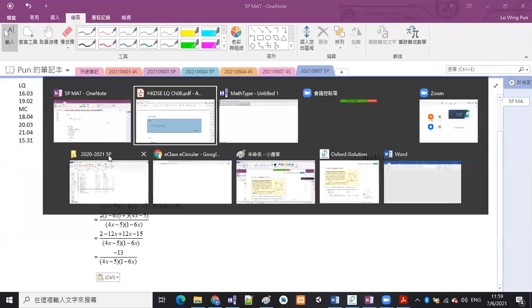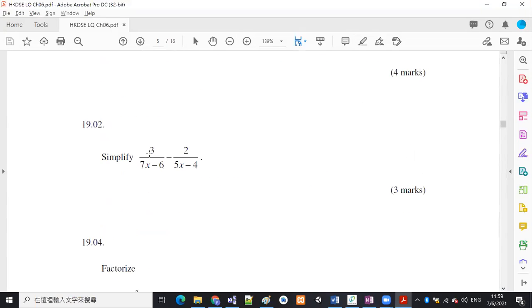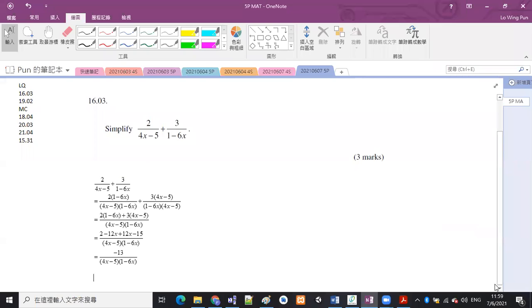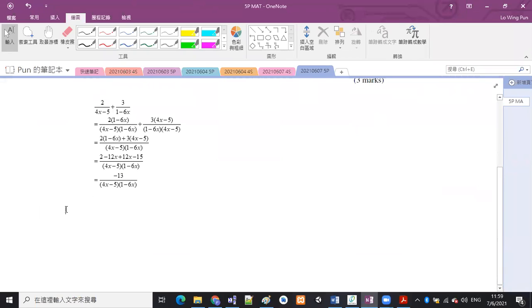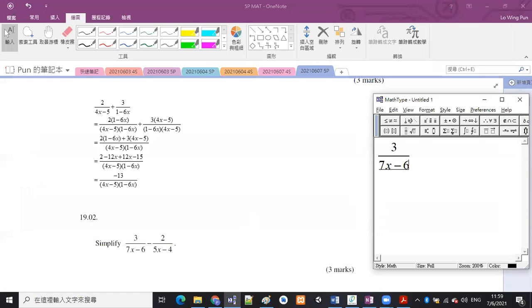And next one is 19.02. So this time it is 3 over 7x minus 6 minus 2 over 5x minus 4.